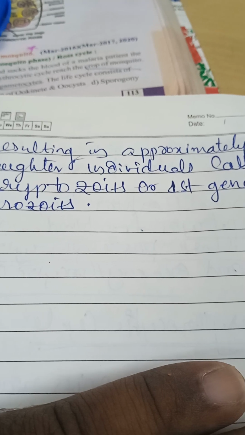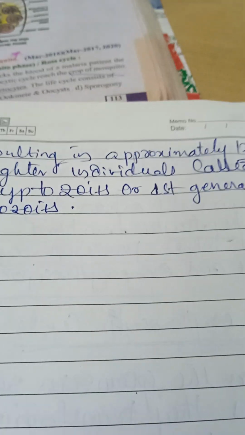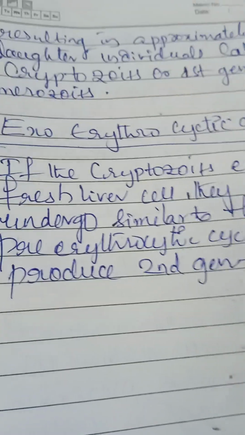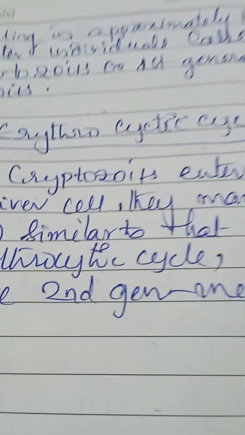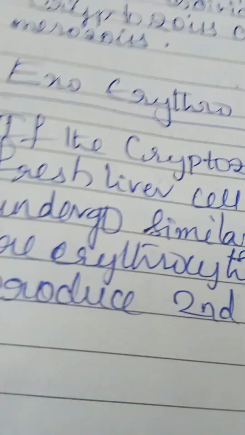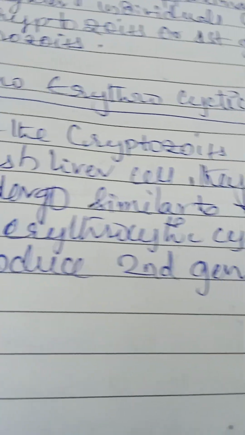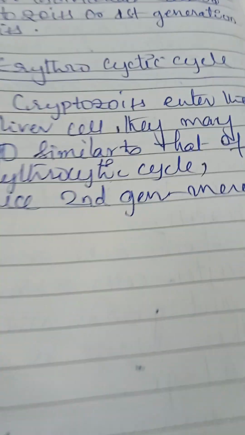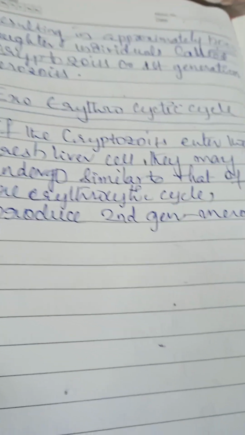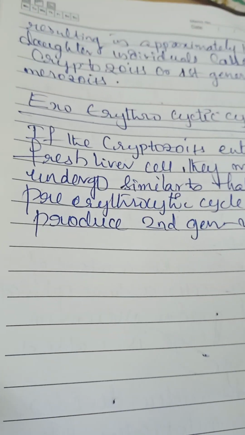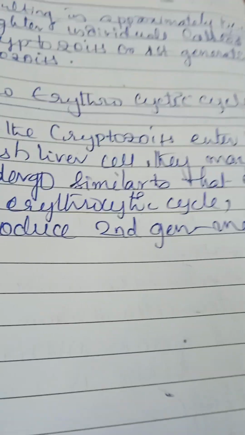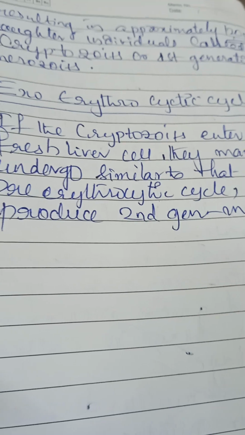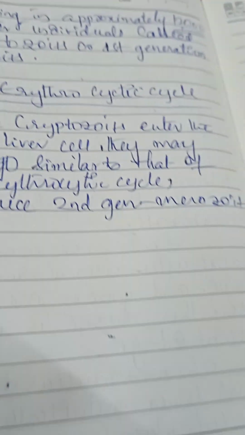Next is the exoerythrocytic cycle. In the exoerythrocytic cycle, if the cryptozoites enter a fresh liver cell, they undergo a cycle similar to the pre-erythrocytic cycle and produce second generation merozoites.